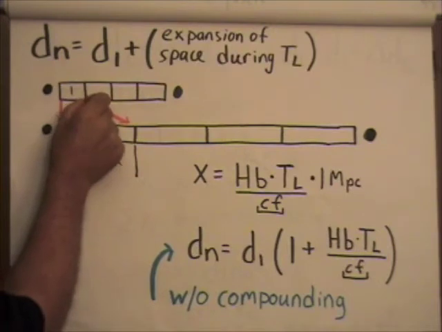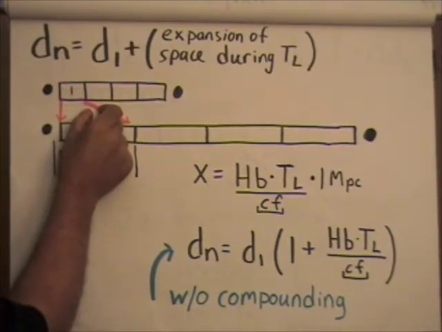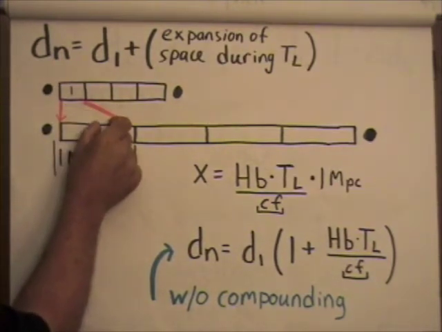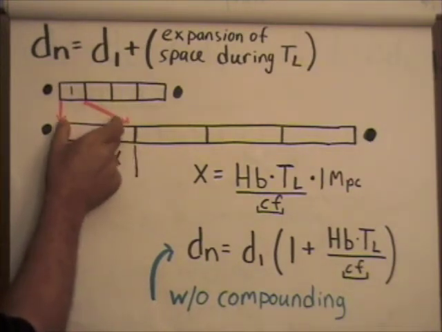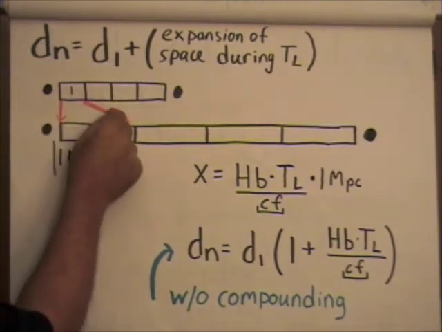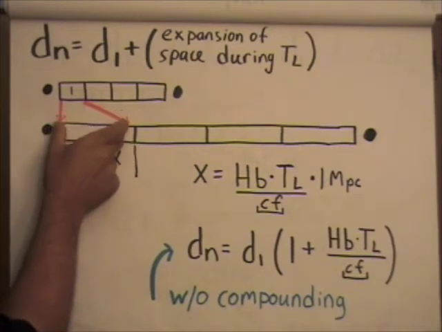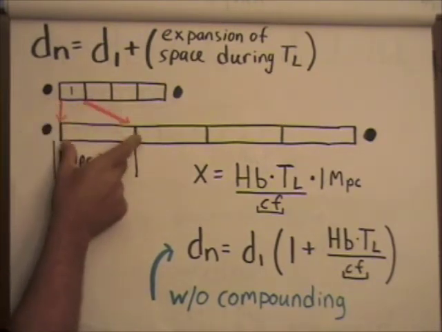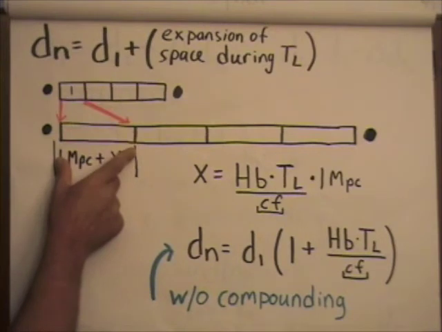So the amount of the expanded space also creates an expansion. And in the next unit of time, the new total will all be expanded, and so on, for as long as this expansion is occurring.